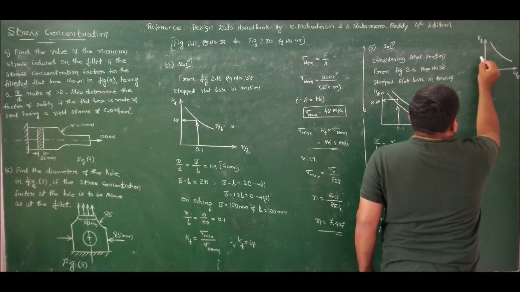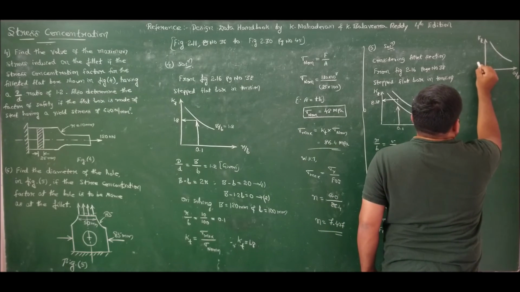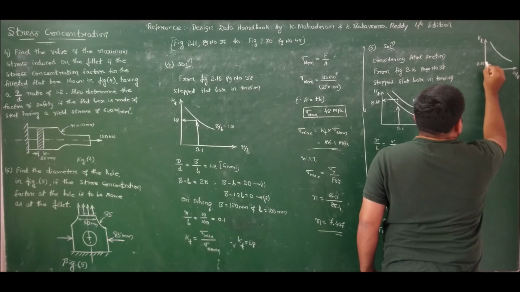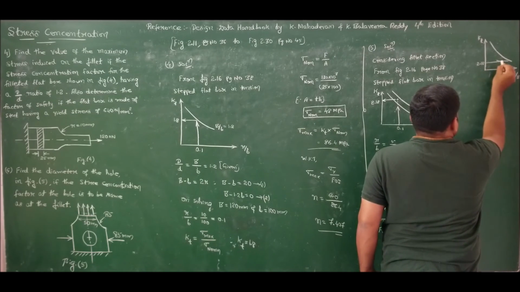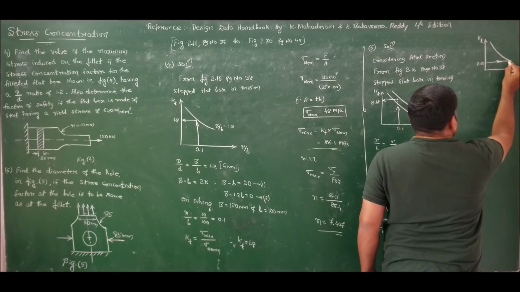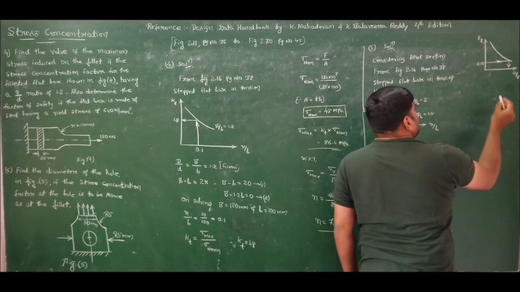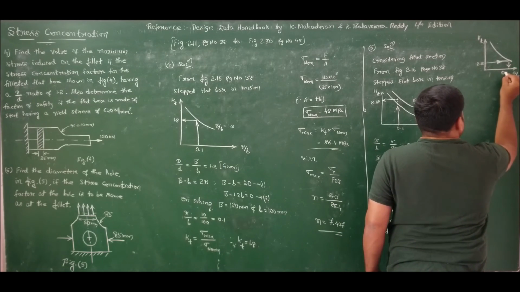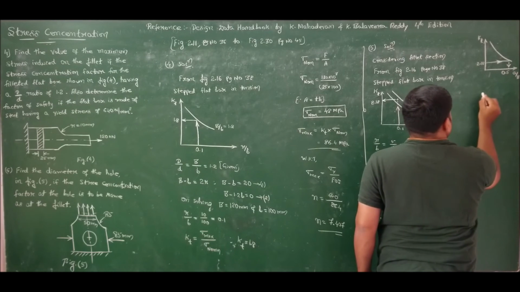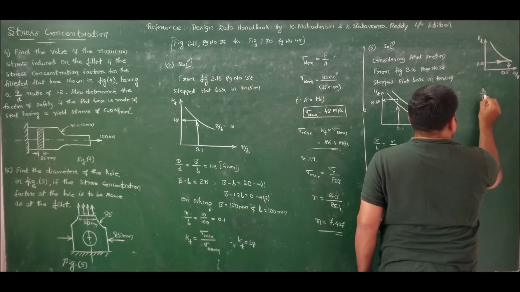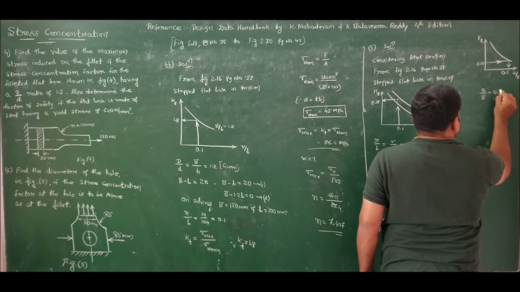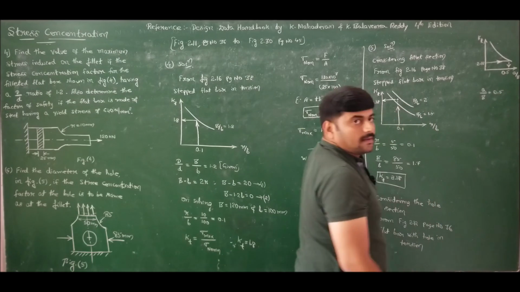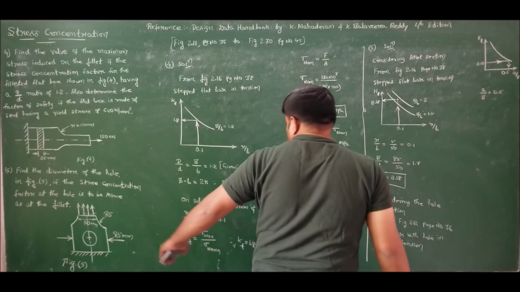Now we know the stress concentration factor, that is 2.18. So mark 2.18, take a horizontal line, intersect this curve and come vertically downwards. It is exactly opposite to what we were doing earlier, and you will get the value of A by B as 0.5. Now we know the value of capital B, that is 85.